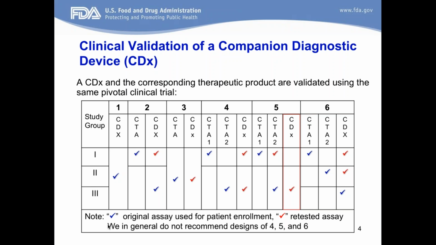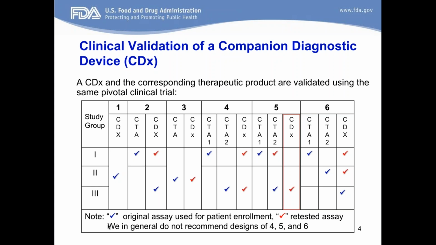Basically, the entire clinical trial patients are all initially tested by CTA. So for all those groups, ideally they have to be retested by CDx to determine their marker status based on CDx. Then study designs 4, 5, 6 are very complicated.